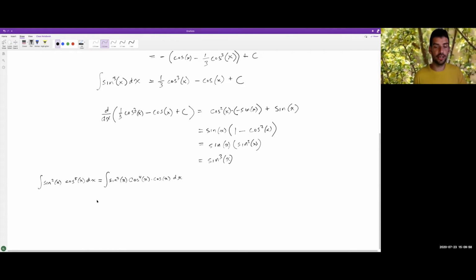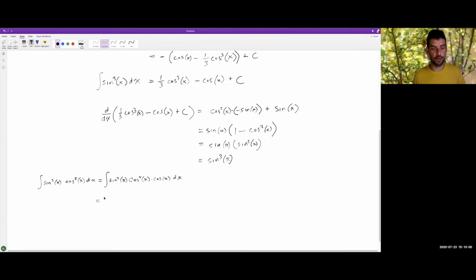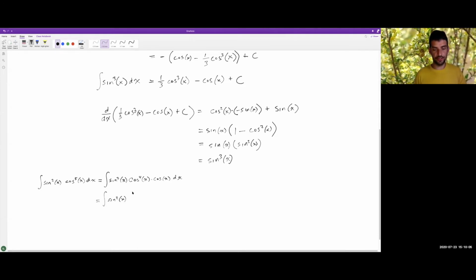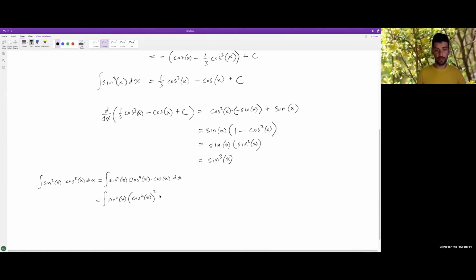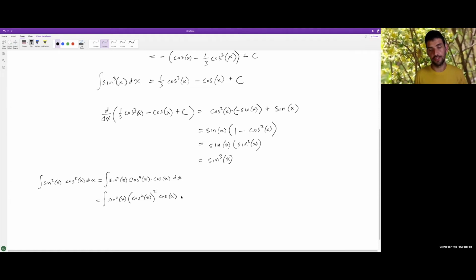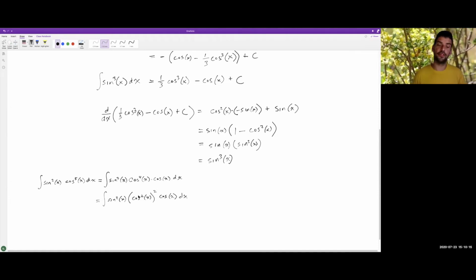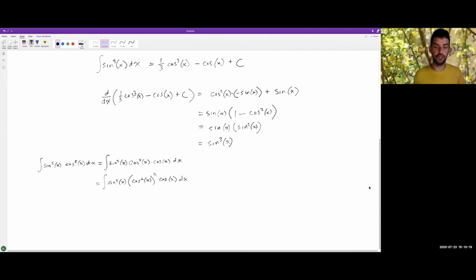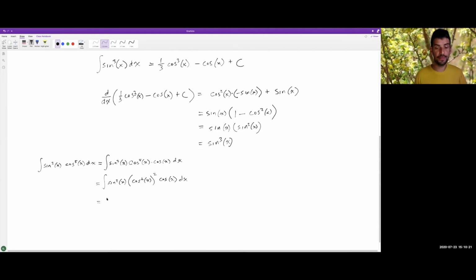Again, peeling off that factor of cosine. Then I'm going to take that cosine to the 4th and write it as cosine squared, squared, times cosine of x dx. All right, I have a thing squared, square it again, you get to the 4th power. So all I've done is change the way that I write it.